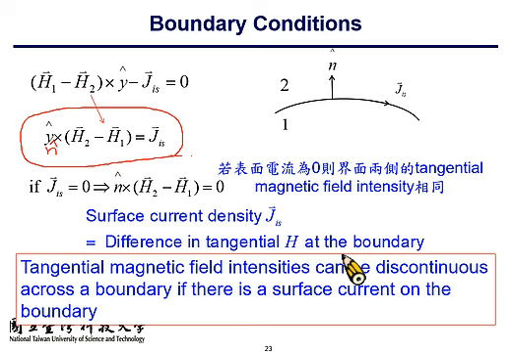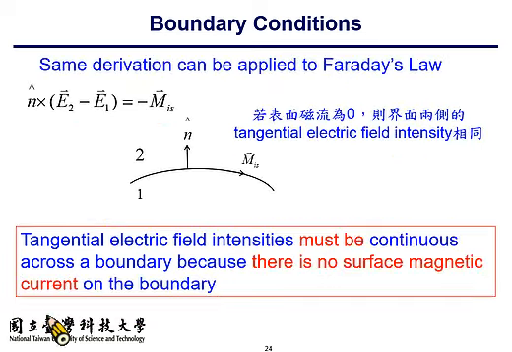On the other hand, if you have no surface currents on the interface, then the tangential component of magnetic field intensity across the interface in medium 1 and medium 2 should be the same. So remember to look into this red box a couple of times.